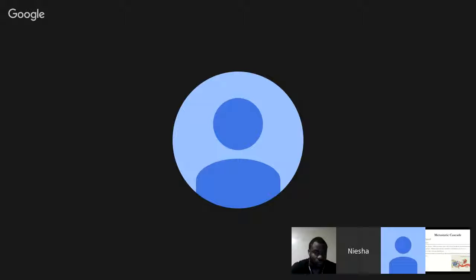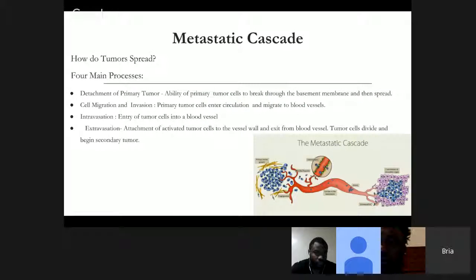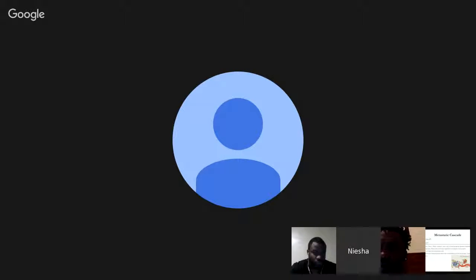Intravasation is when the tumor cells enter into the blood vessels. Extravasation is the attachment of activated tumor cells that enter the blood vessels and exit from the blood vessels, then divide and begin their second tumor.